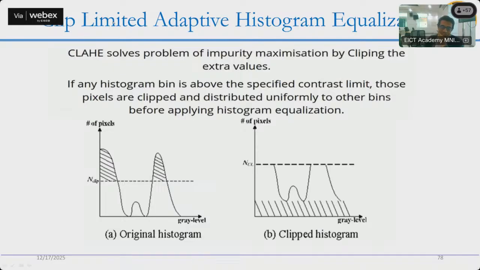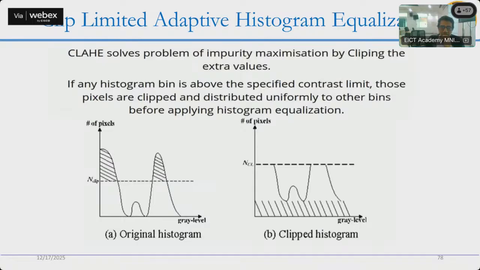It is the clip limited adaptive histogram, CLAHE. CLAHE solves the problem of over-amplification by clipping the extra value. Clipping means we are not discarding it totally. If any histogram bin is above the specified contrast limit, those pixels are clipped and distributed uniformly to other bins before we apply the histogram equalization, but later.